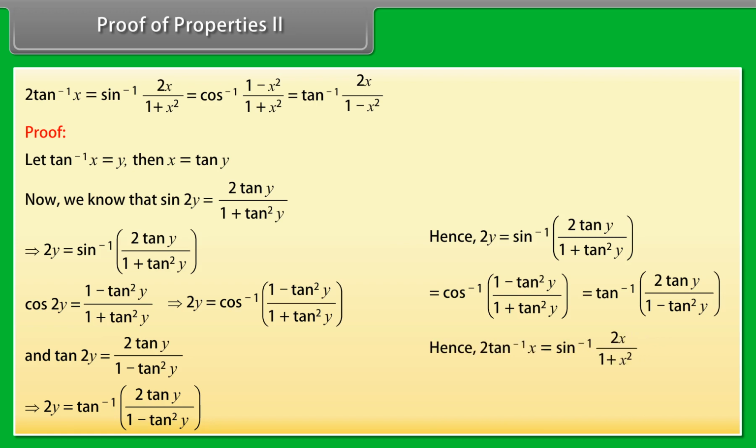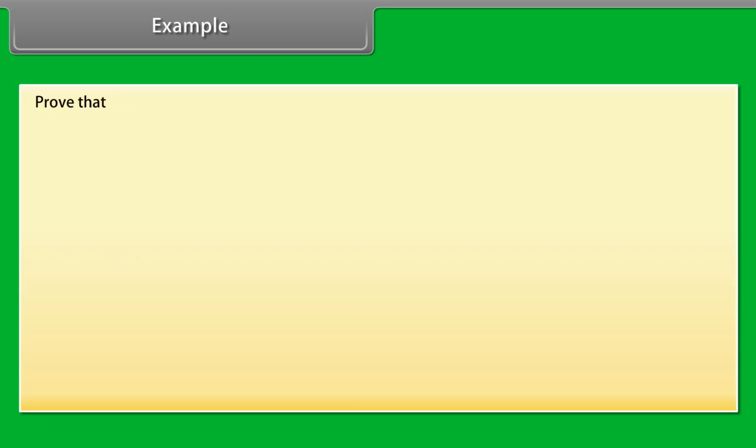Hence, 2 tan inverse x is equal to sine inverse of 2x by (1 plus x square), which is equal to cos inverse of (1 minus x square) by (1 plus x square), which is equal to tan inverse of 2x by (1 minus x square). Example. Prove that 3 cos inverse x is equal to cos inverse of (4x cube minus 3x).